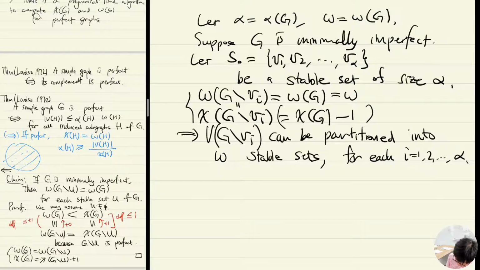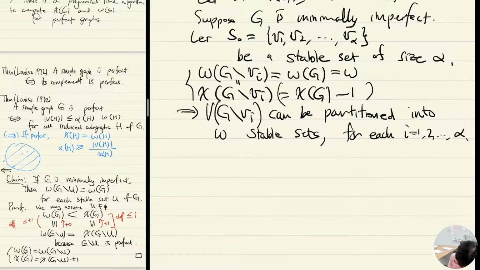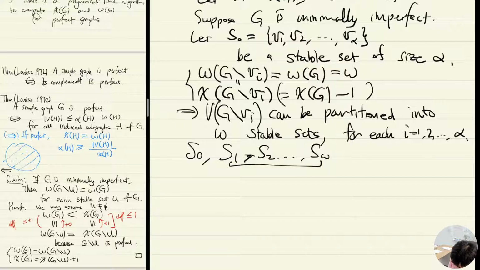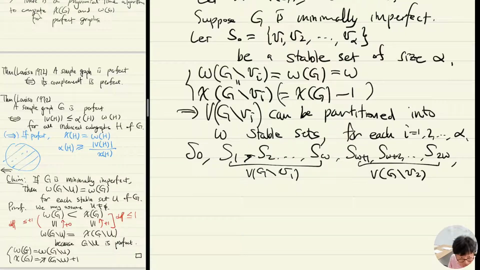So, you have S0, that's the initial set, and then S1, S2, up to S omega, a partition of G delete V1, and then S omega plus 1, S omega plus 2, up to S 2 omega, that's a partition of G delete V2, and I continue.